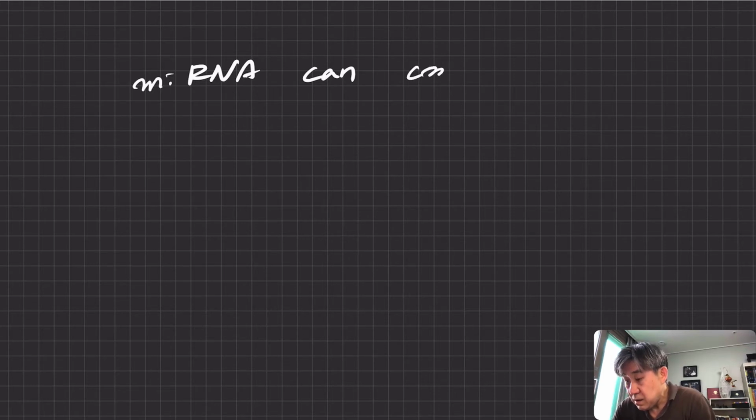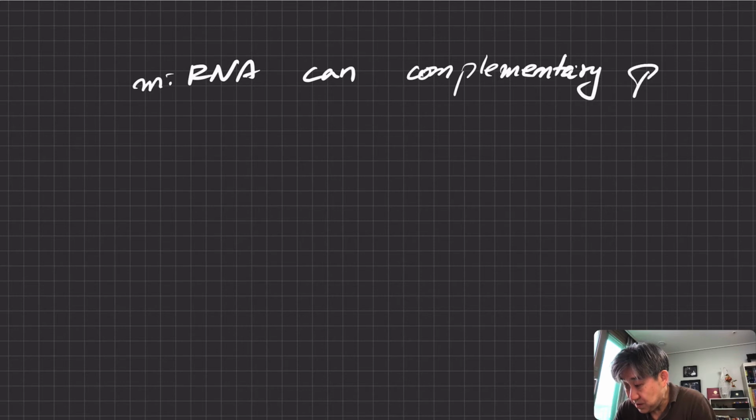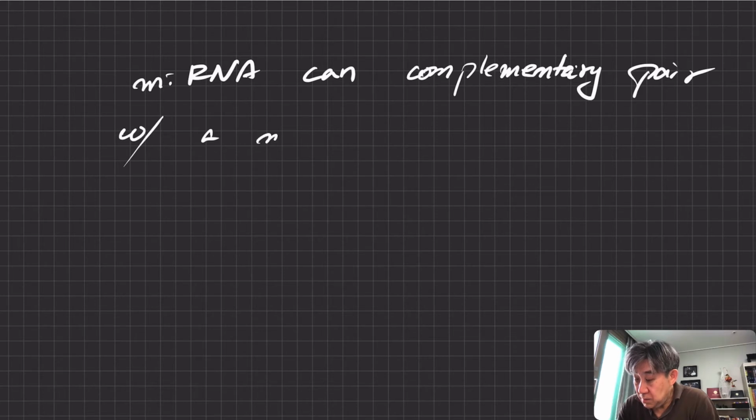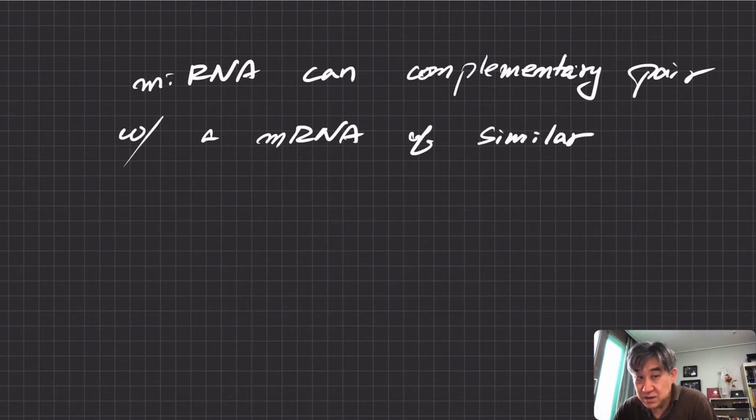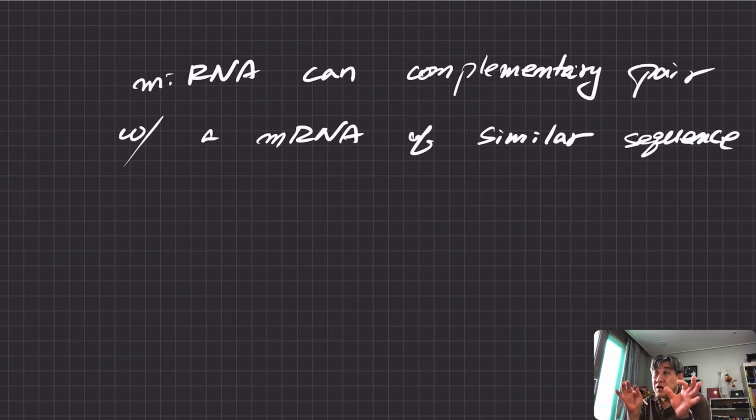microRNA can complementary pair with a messenger RNA of similar sequence, because a little bit of mismatches can be tolerated.